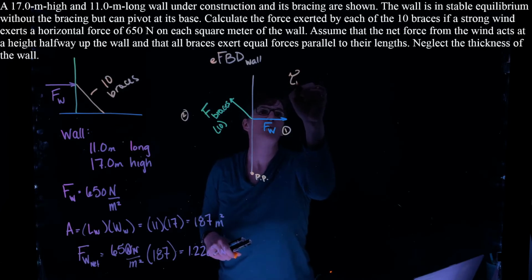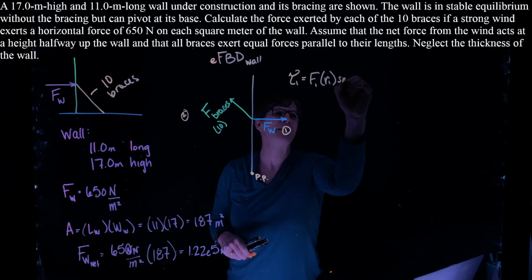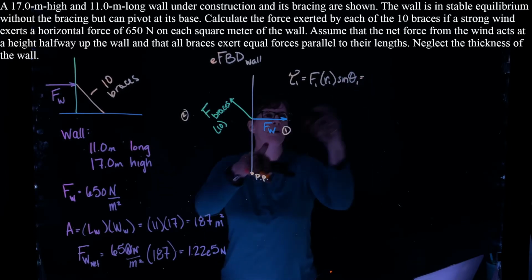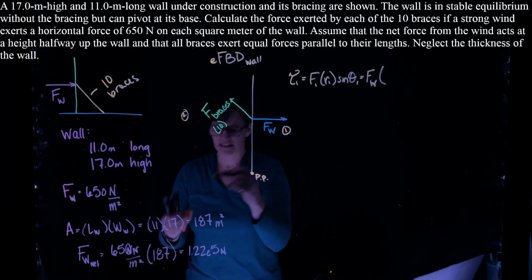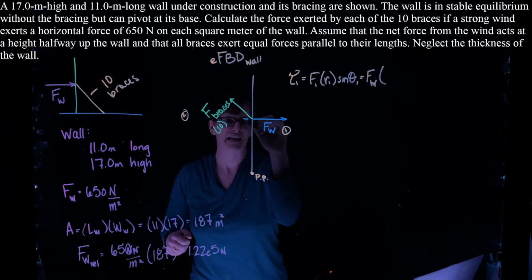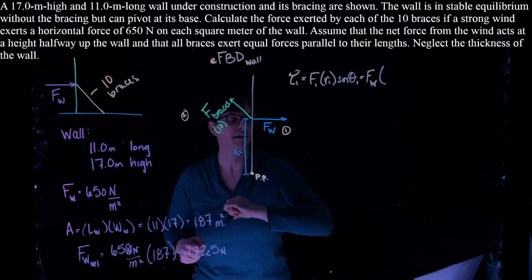So torque number one, we know is force 1 times the radius 1 times the sine of the angle. Well, force 1 is the force of the wind. The radius is the distance between that pivot point and where that force is acting. So here's the radius 1.